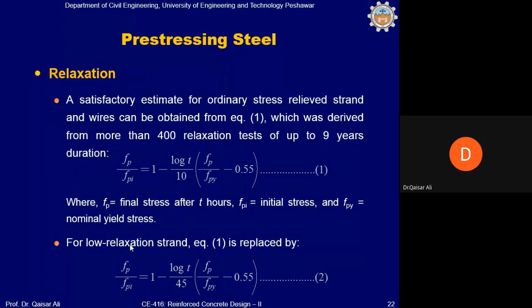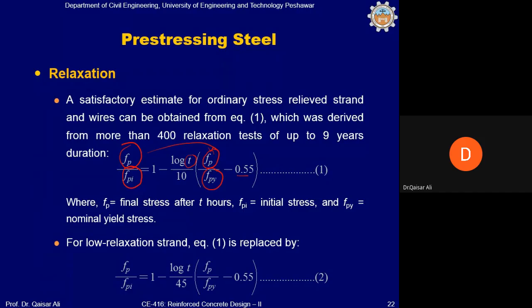If you look at this equation, fp is the final stress after relaxation, fpi is the initial stress applied, log of t is the time duration, and t is time in hours. fp is also this fp, and fpy is the yield strength, minus 0.55.